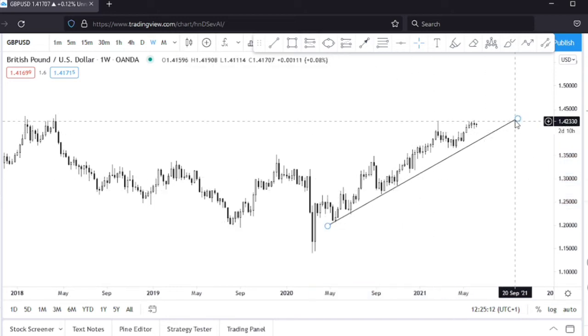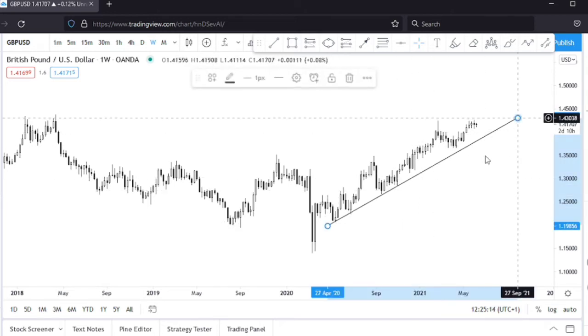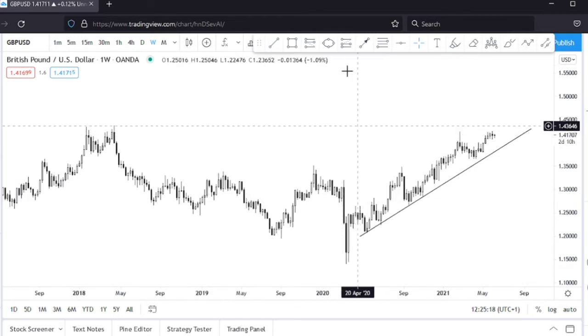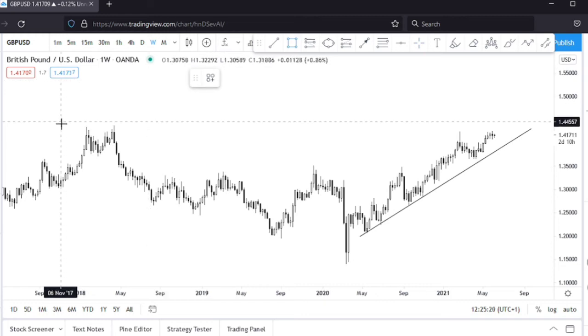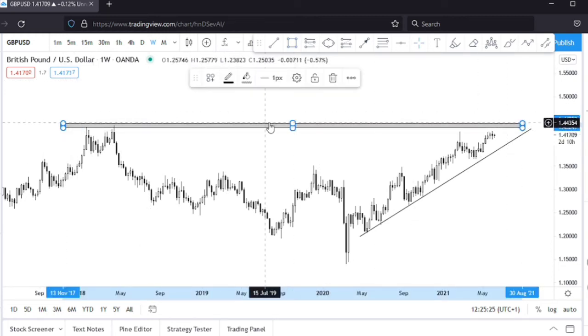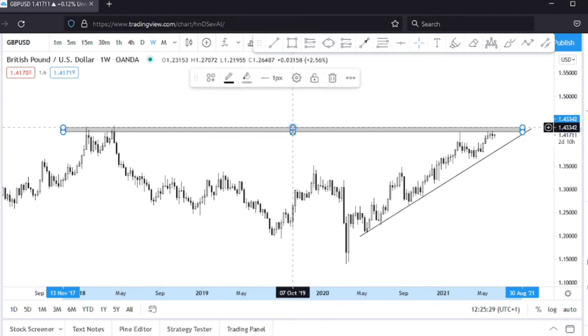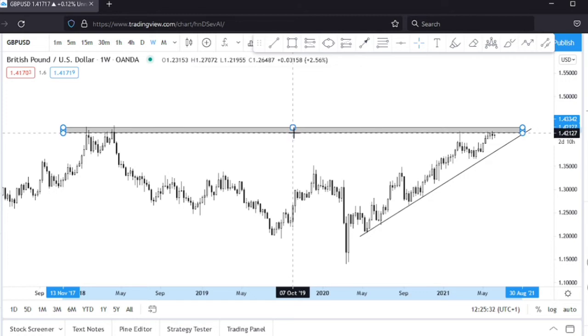Price has also gotten to this resistance level over here, and it's actually been at that level for some time now. So we are currently at weekly resistance over here.